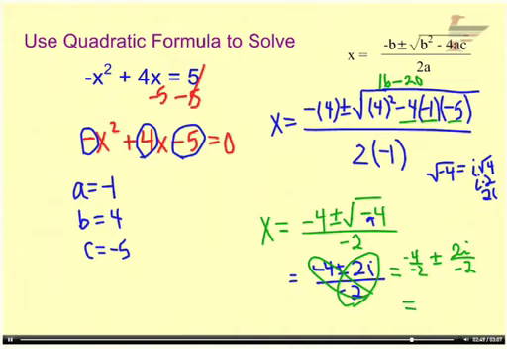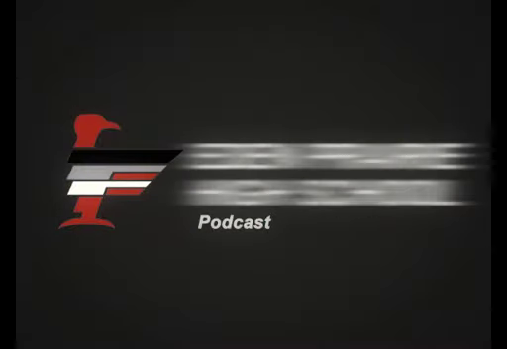So finally our answer, this negative 4 divided by negative 2 is positive 2, plus or minus, and then this 2 divided by negative 2 is a negative 1, or just a negative i. So there's our final answer, 2 plus or minus a negative i.